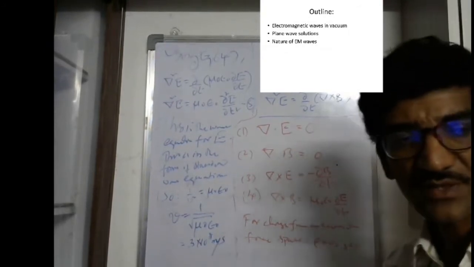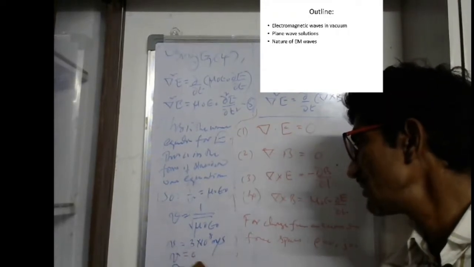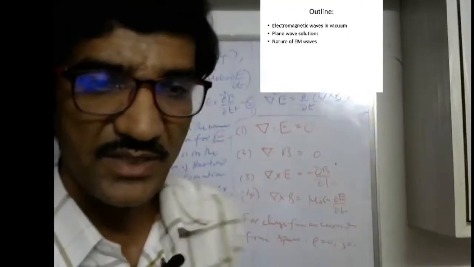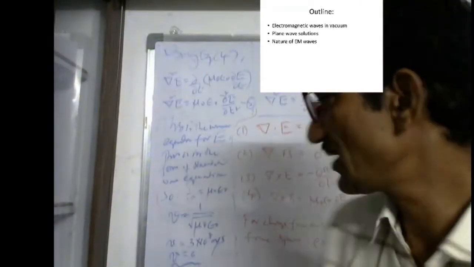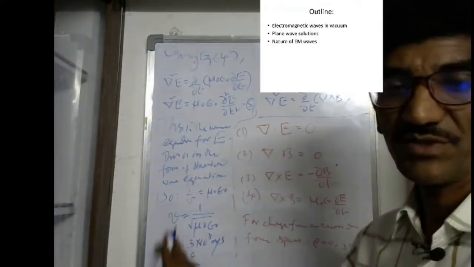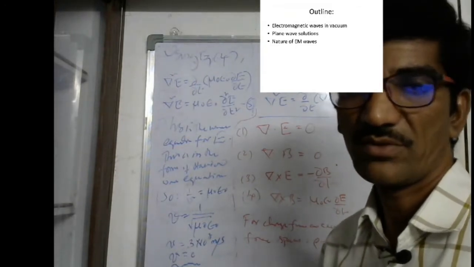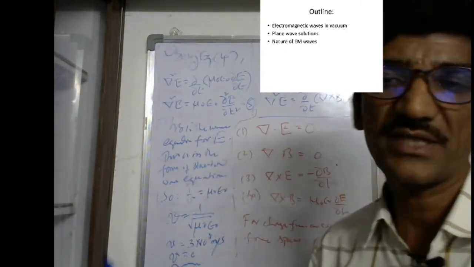What is this value? It is the velocity of light. So this v is c. Electromagnetic waves propagate with the velocity of light. So we conclude that both electromagnetic waves and light waves are the same.